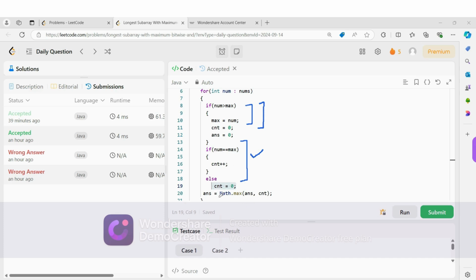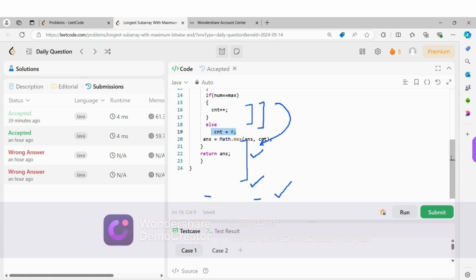Now suppose this was again the same value, then we would go here, then again come back here, and we will keep on increasing CNT. But whenever the consecutiveness is broken, then we are directly assigning CNT equal to 0. And here we are taking the maximum value in the answer. Okay, so remember, we are doing this in a single traversal. This is important. So finally we are coming out of this loop, and we are returning this answer.